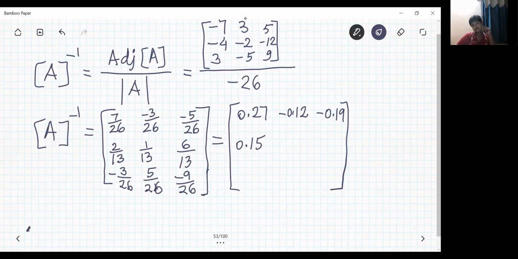Then 1 by 13, it is 0.08 you can make. Then 6 divided by 13 is 0.46. This one is positive only.